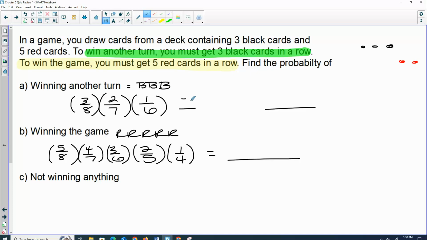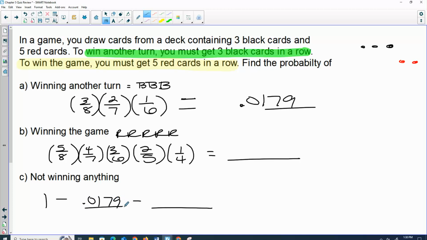So, we know we can either get 3 blacks or 5 reds and win. Not winning anything is the opposite, so you basically just have to do 1 minus both of those probabilities. Do you guys get what I mean by that? So 1 minus A, also minus B. If I did part A, I didn't multiply it all out, but if I had, that would be 0.0179, so I'd have to subtract that one.